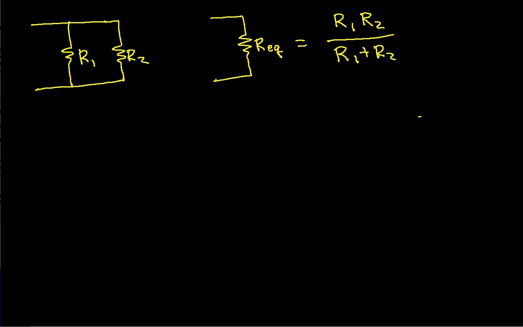Okay, and just to make sure that it's clear, we can do it the other way. That's just a little messier. It's 1 over 1 over R1 plus 1 over R2. And I bring this up for a specific reason.